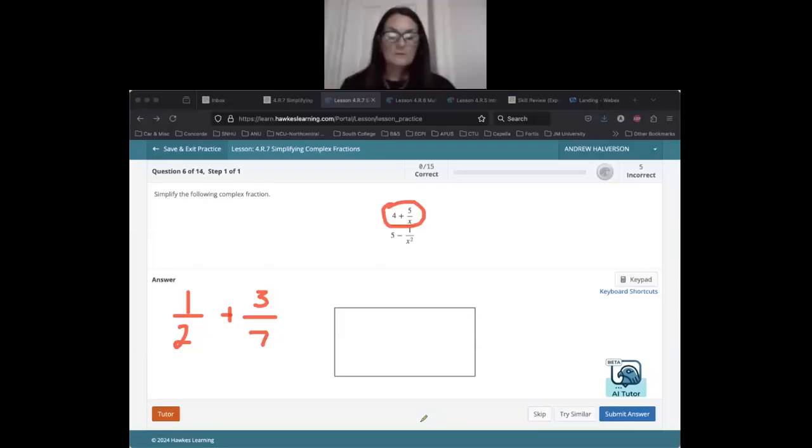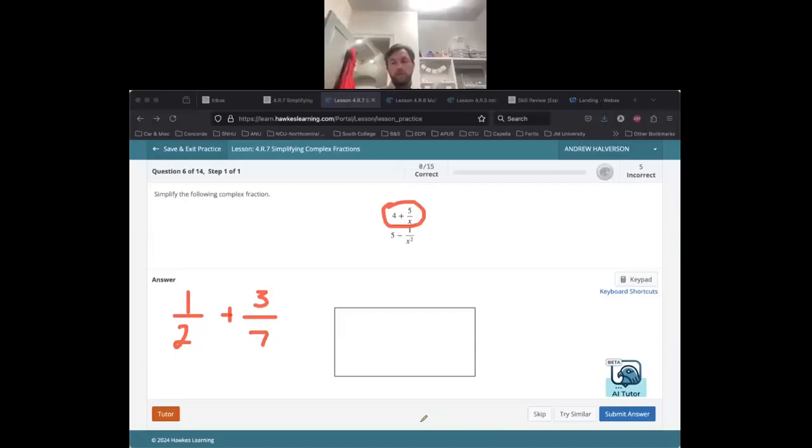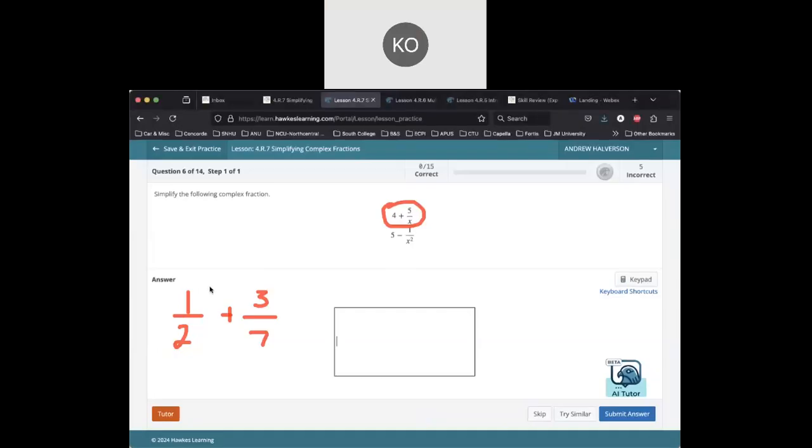How am I going to get the same denominator? You're going to figure out the least common multiple. Sure, and it's 14. I'll tell you that right now. So how am I going to make that first fraction become a 14? Multiply 1 times 7, and then 2 times 7.